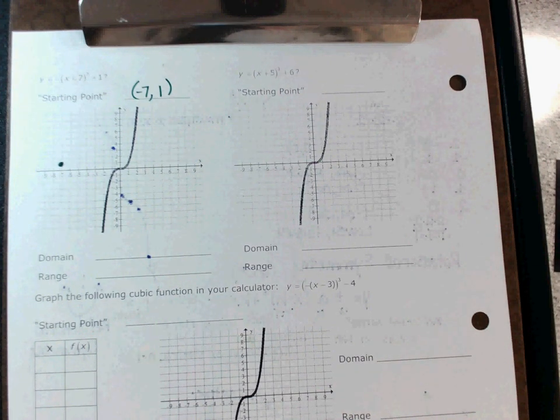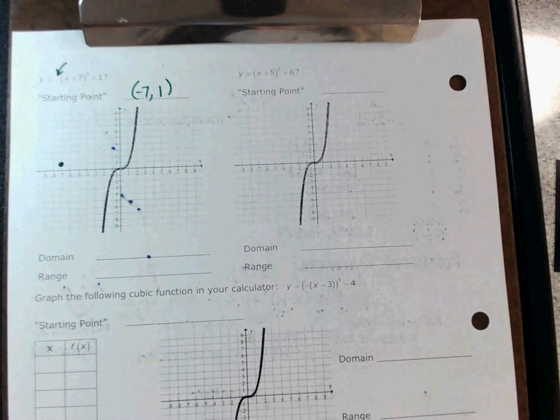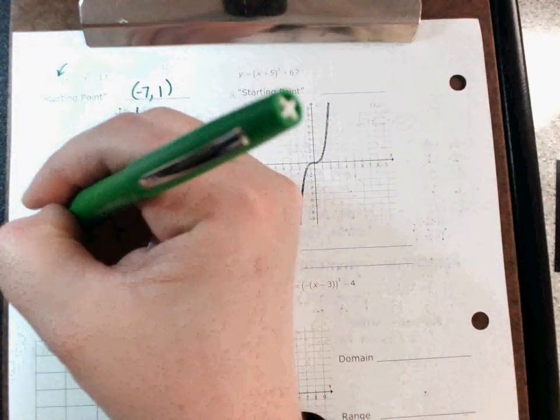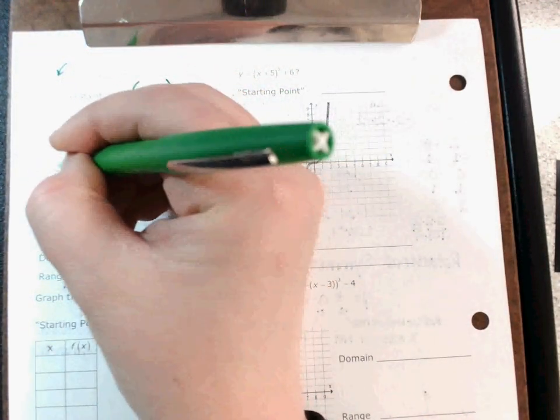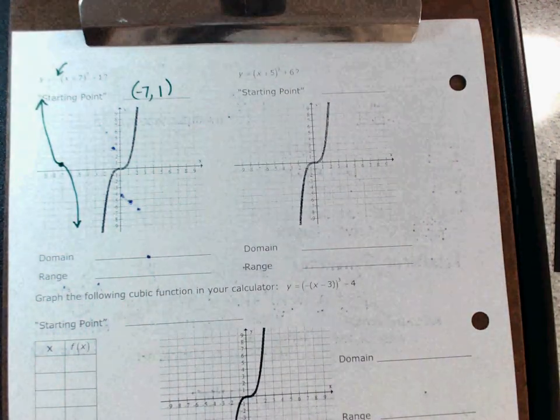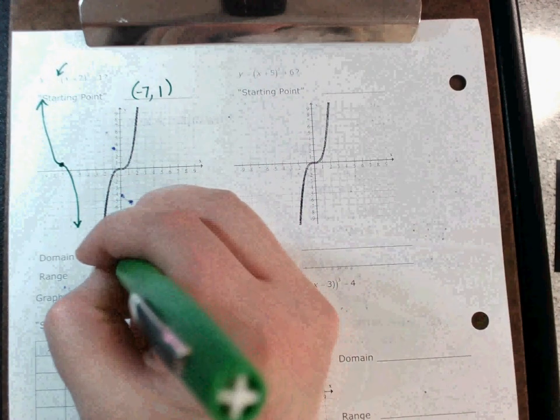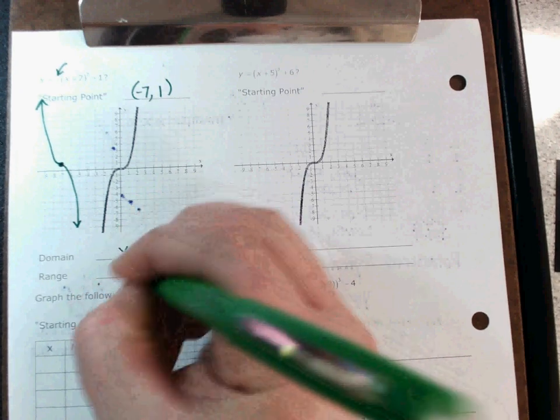But in this case, if I have that negative in the front, remember that that negative is going to make it backwards. So instead of squiggling up, it's going to squiggle down on that side, up on that side. Okay? And then your domain and range will be all real numbers again.